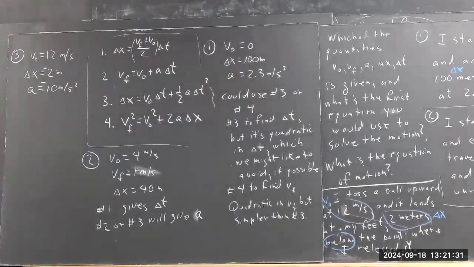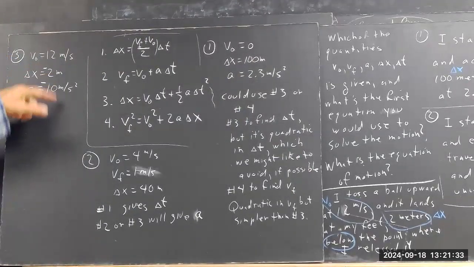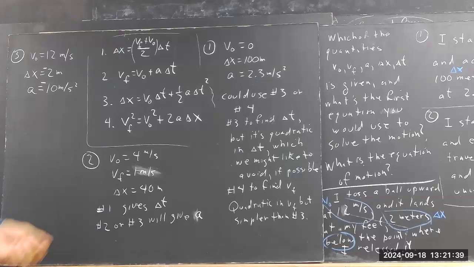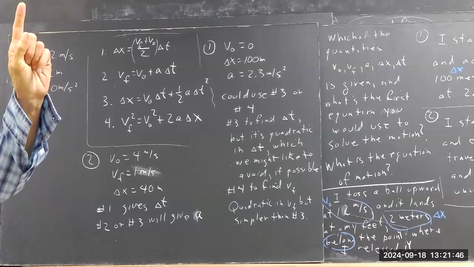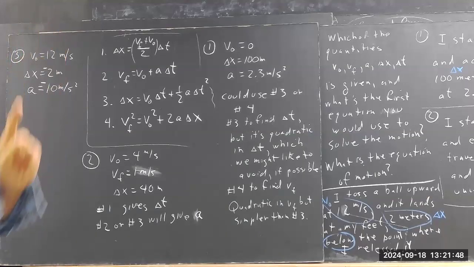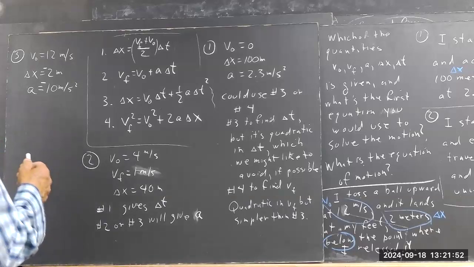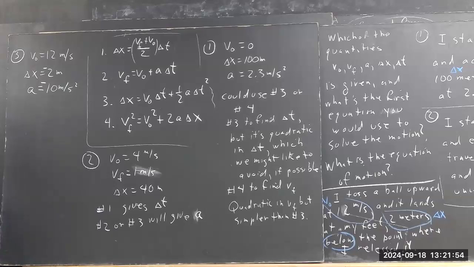And again, if you choose downward as positive, you'd have two positive quantities here instead of two negative quantities. Since most of us are more comfortable with upward being positive, that's a choice most people make. But you should be able to work it out both ways and see what it makes.